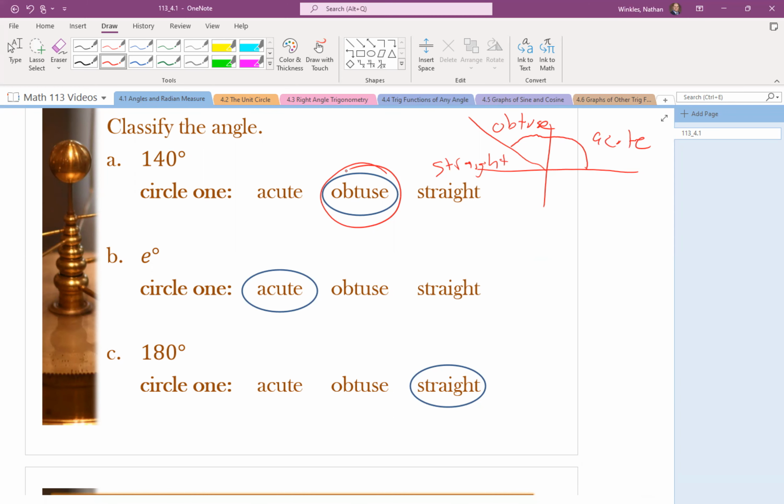Don't let weirdness confuse you now, because it's e degrees. Well, remember, e is approximately 2.718. So approximately 2.718 degrees means that my angle would be right here. So therefore, it gives us the acute angle.